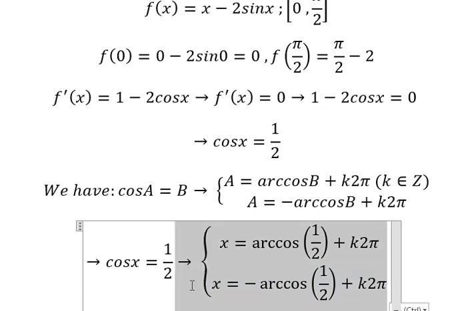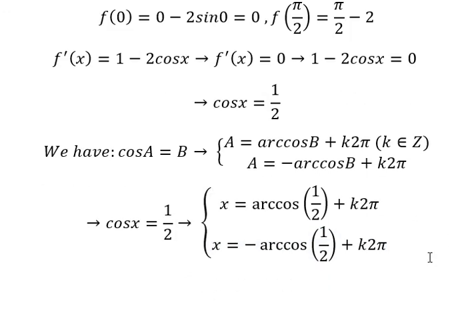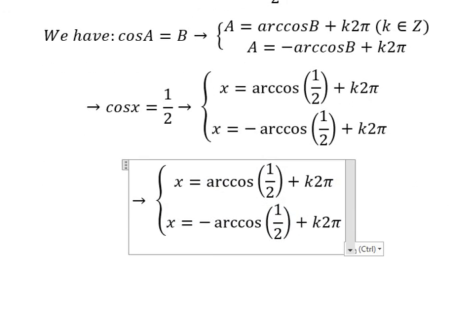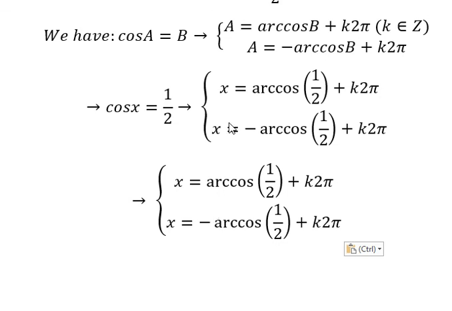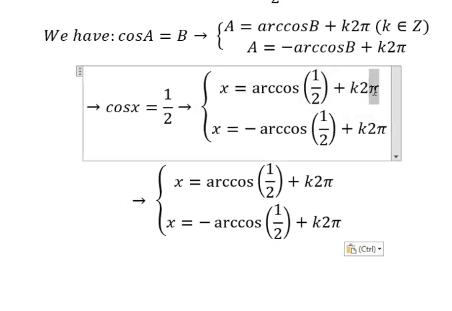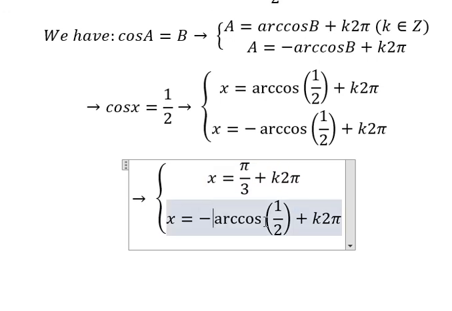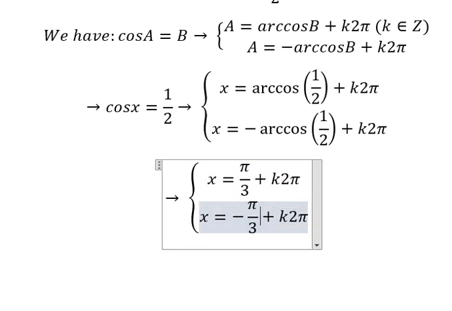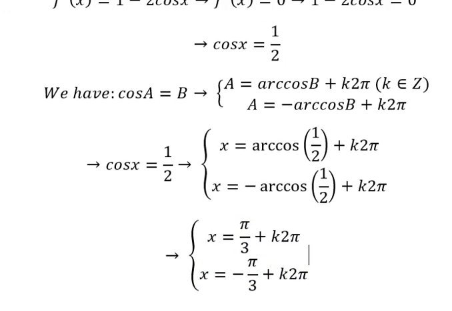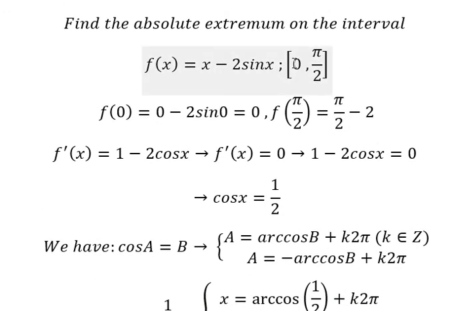So in this situation, we can find the value of this one. And we have b over 3. This one we have negative b over 3. And now we want to find the value from 0 to b over 2.